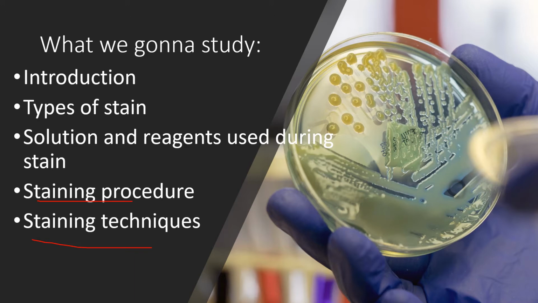There are some solutions and reagents used during staining, like mordant, which are terms we use to name the solutions and reagents that have particular functions. And there are some types of stain to stain different types of organisms. So let's go ahead with the introduction of the staining part.